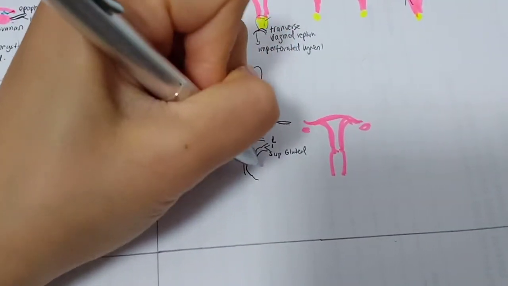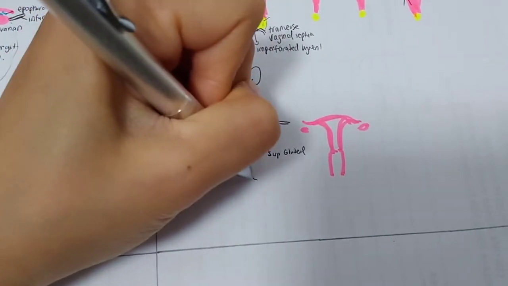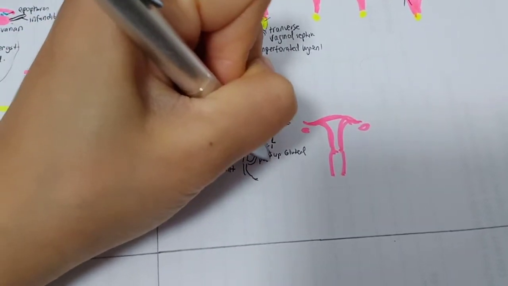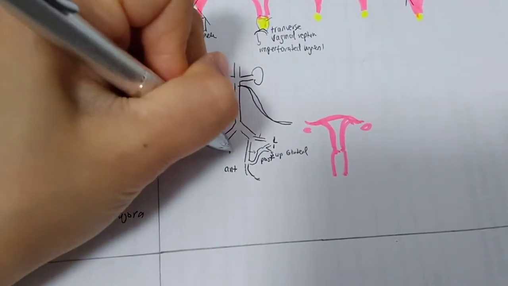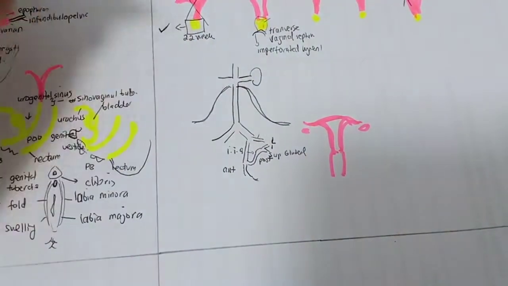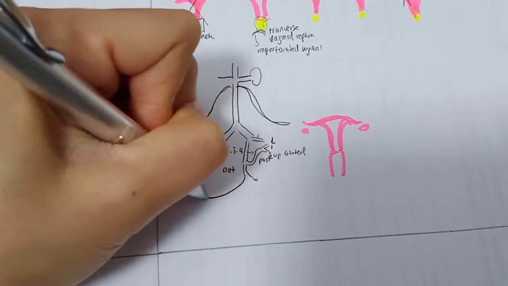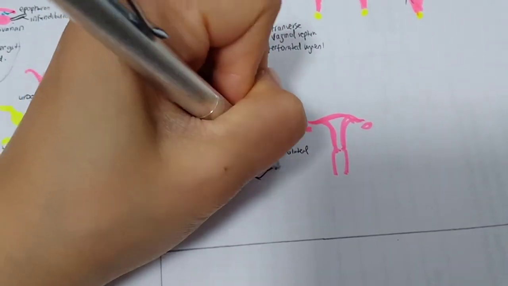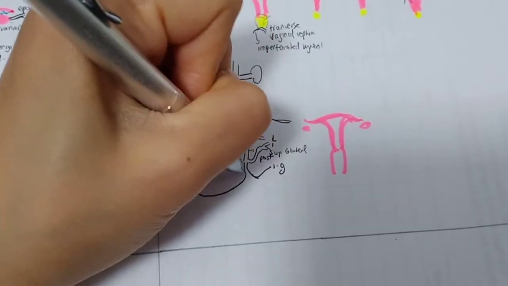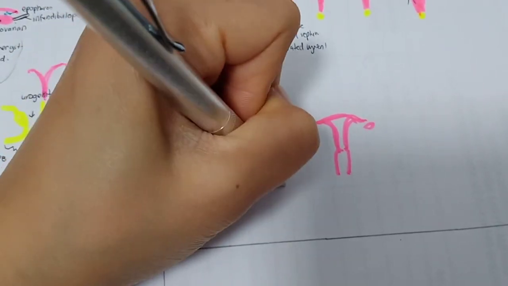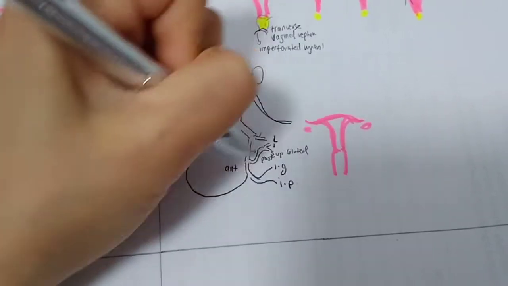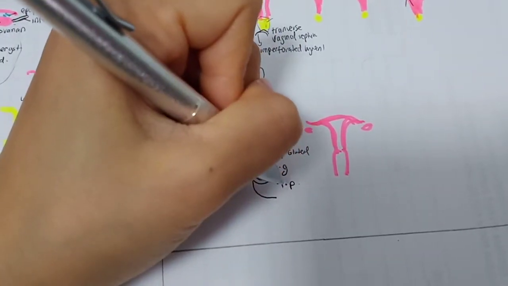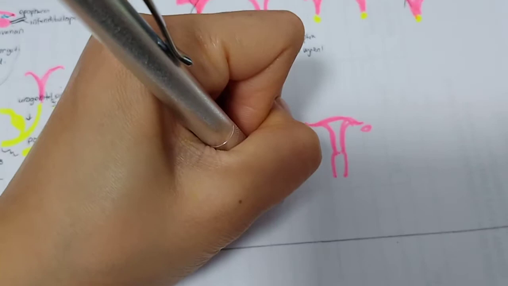And what gives the blood supply here is the anterior branch of the internal iliac artery. So from the anterior division, first of all we have the inferior gluteal artery, and then the internal pudendal artery.